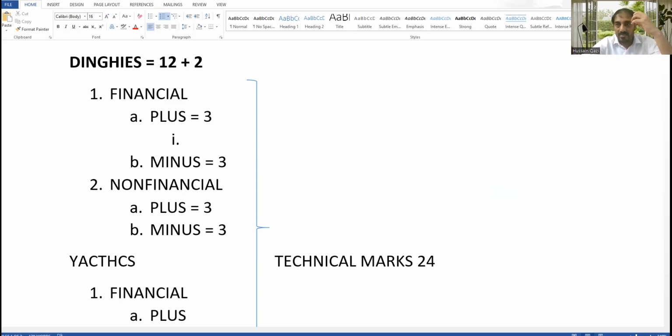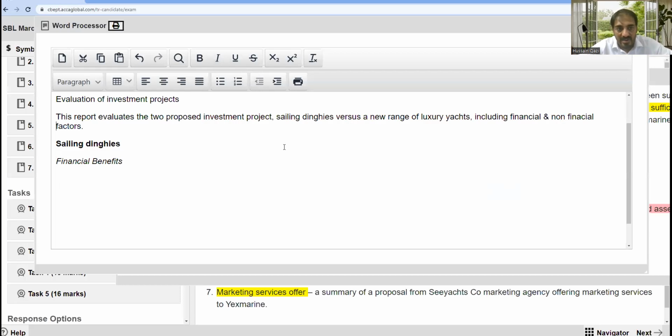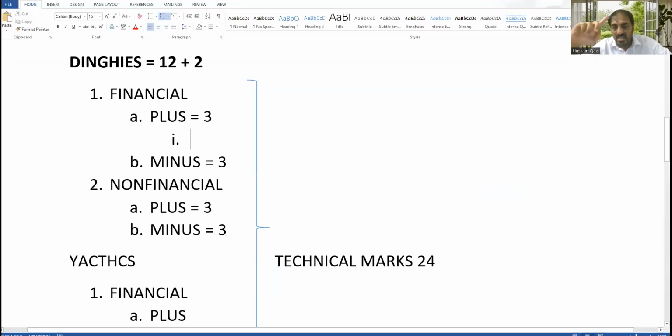Before writing about financial plus, if I'm writing the sailing dinghies, in my mind I have to write for dinghies 12 marks plus 2 professional marks.